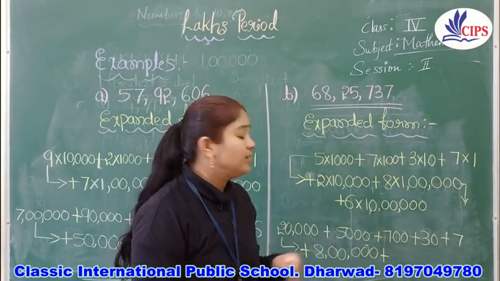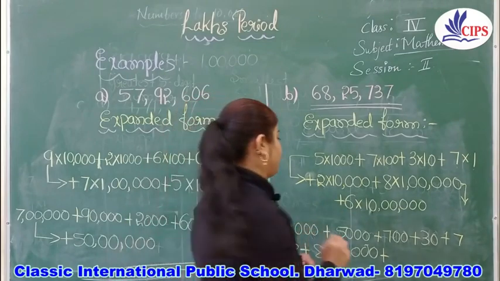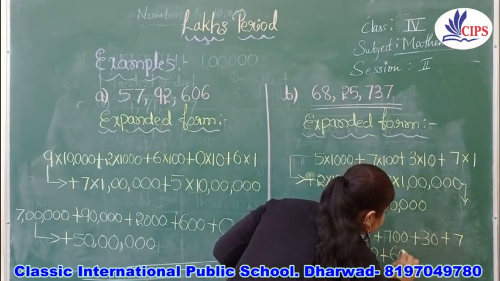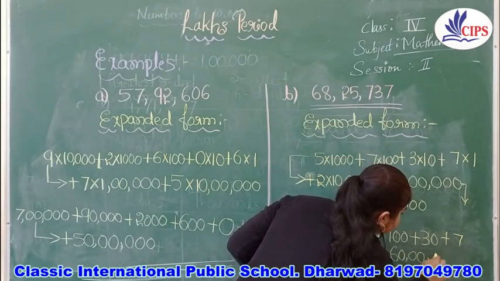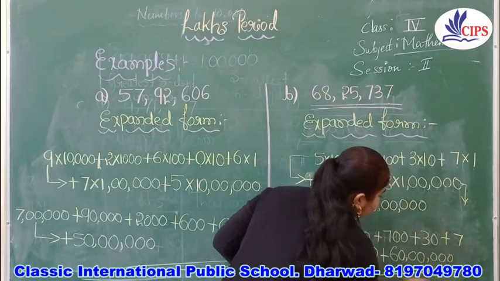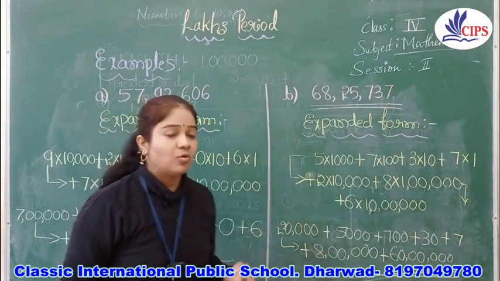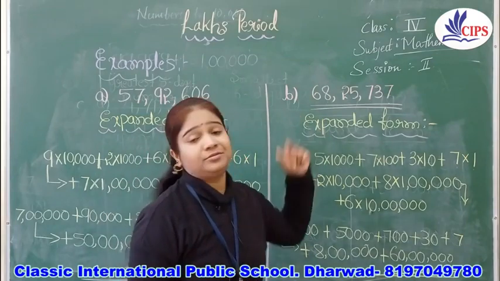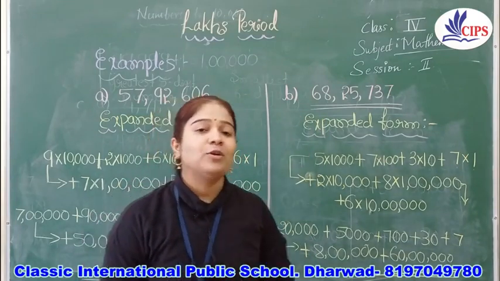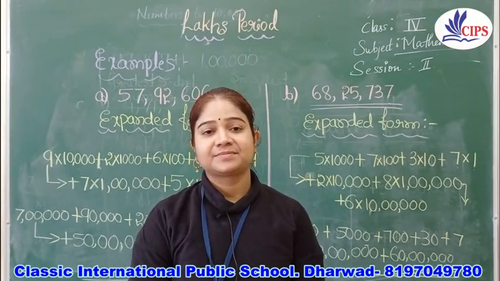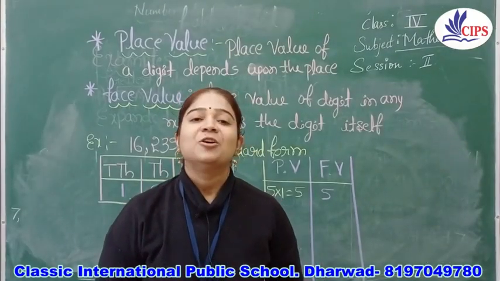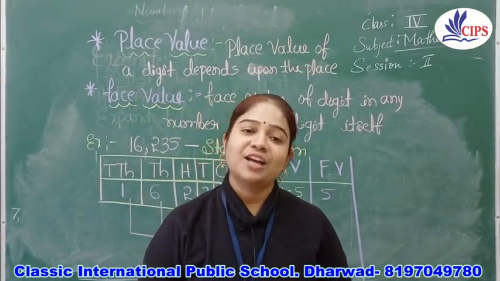So it is 60 lakhs. We'll write that, 60 lakh. So that's the expanded form of this example. Hope you understand this, the lakh part and the thousand part.